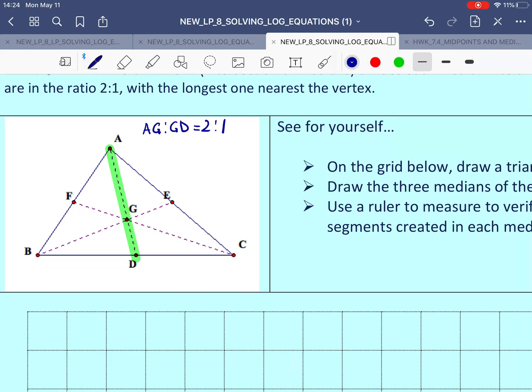So in other words, in this triangle we can say that the ratio AG to GD equals 2:1. Similarly, the ratio BG to GE will also be 2:1. And last but not least, the ratio CG to GF will also be 2:1.